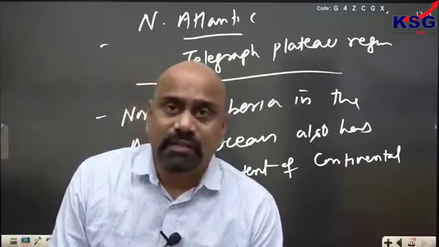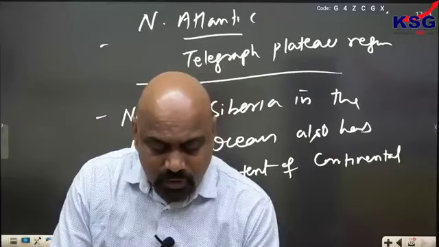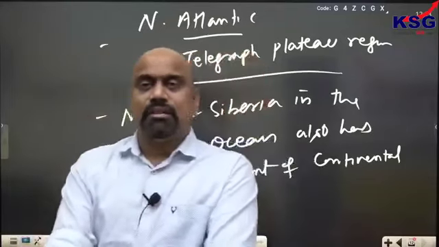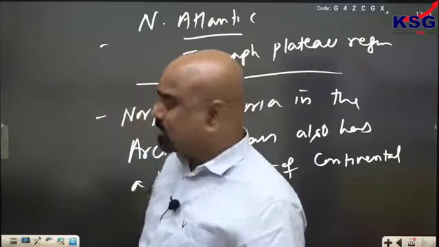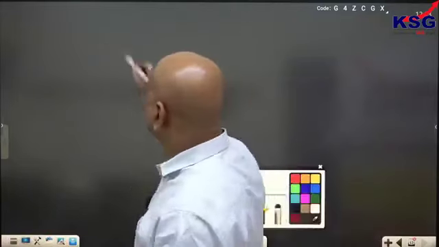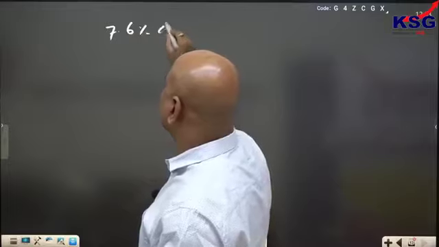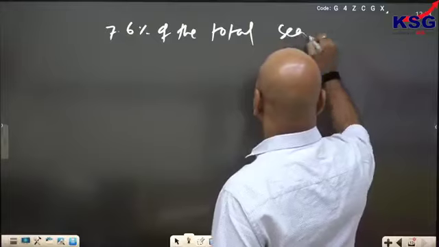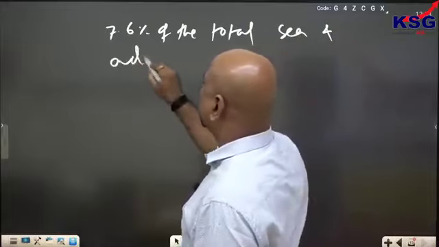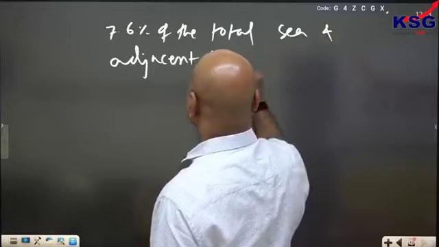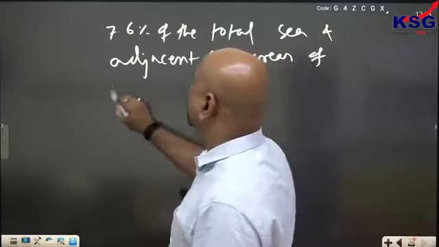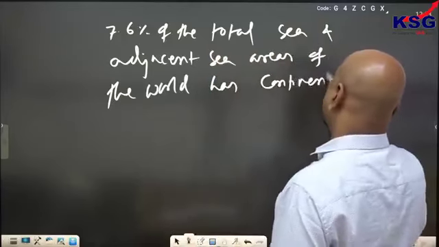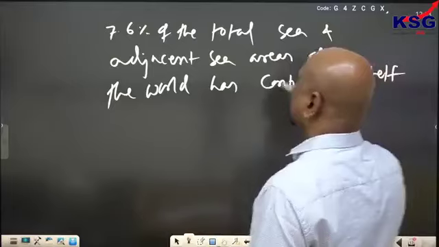Remember, nearly 7.6% of the total sea area of the earth has the continental shelf. 7.6% of the total sea and adjacent sea areas of the world has continental shelf.